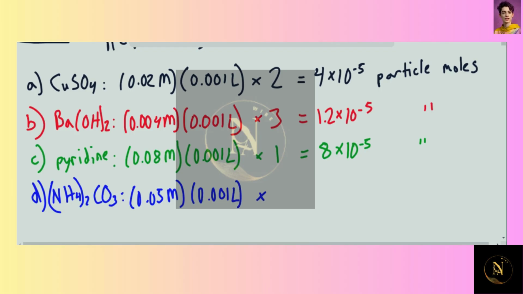And again, similar to part B, we have 2 ammonium for every carbonate, so we have 3 particles. So we do this multiplication and we get 1.5 times 10 to the negative 4 moles of particles.